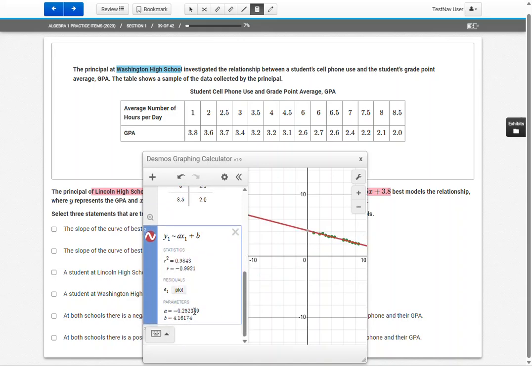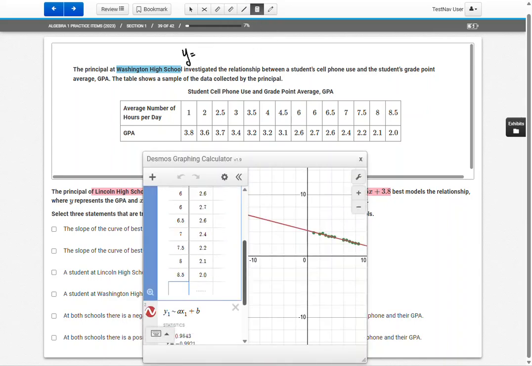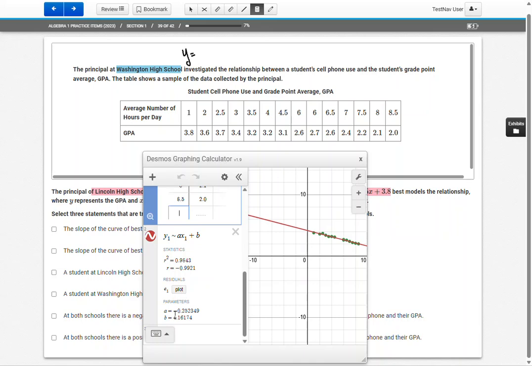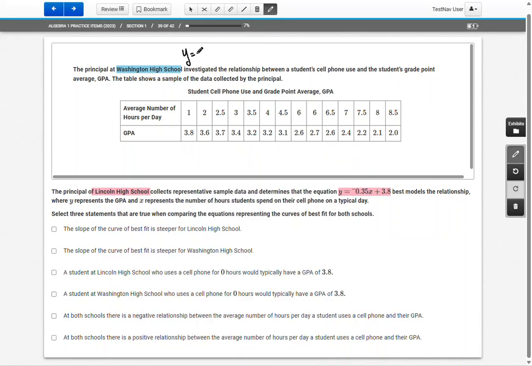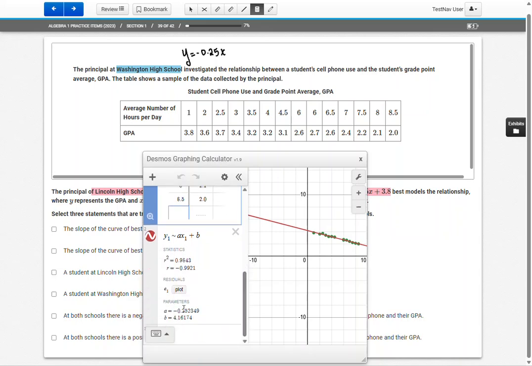So we have the a and the b here. Let me go ahead and write what the formula is for linear. That is y equals negative 0.25 x, and then the b is 4.16.